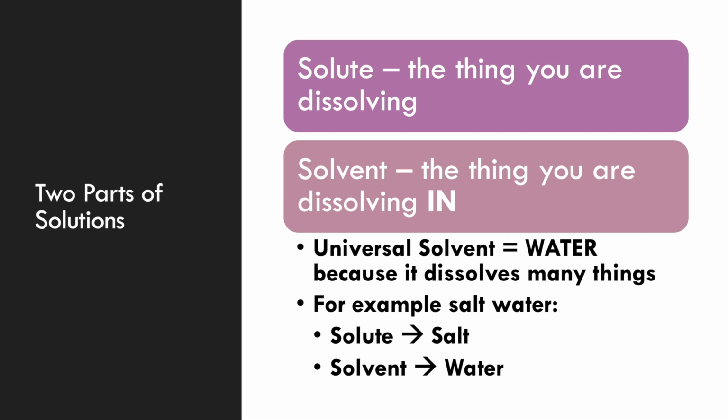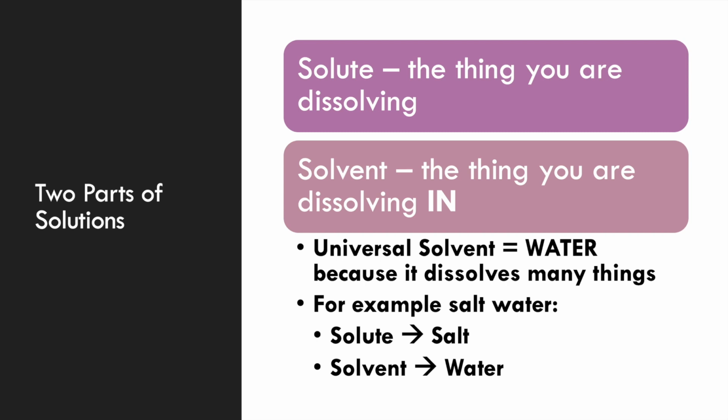A solution is made up of 2 parts, the solute and the solvent. Okay, so follow my cursor throughout this lesson. So solute is the thing that you are dissolving. Okay, so whatever you're trying to dissolve, maybe salt, sugar, whatever. And solvent is the thing you're dissolving in.